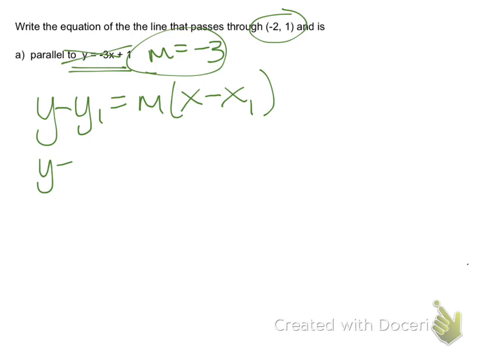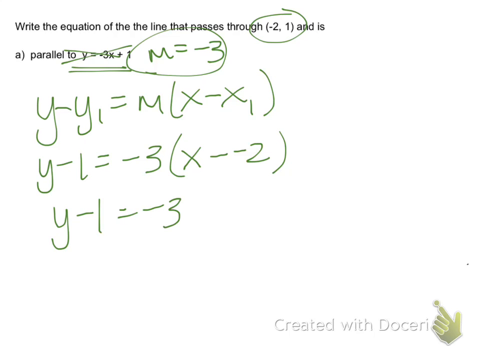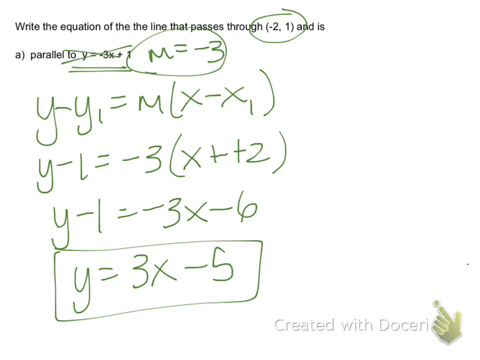So plugging this in and solving for y, I get the equation that's parallel to this line: y equals negative 3x minus 5. It has the same slope, but a different y-intercept because it's parallel. It's not going to be the same line.